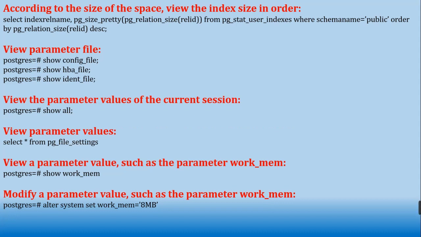How to modify that parameter value? So ALTER SYSTEM SET work_mem to 8MB. Okay. So work_mem.